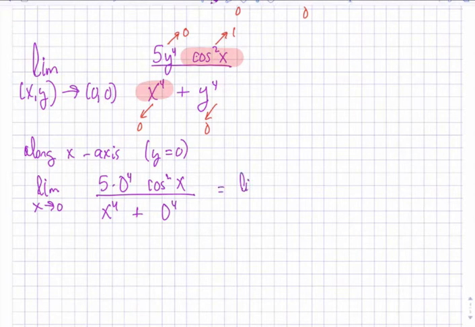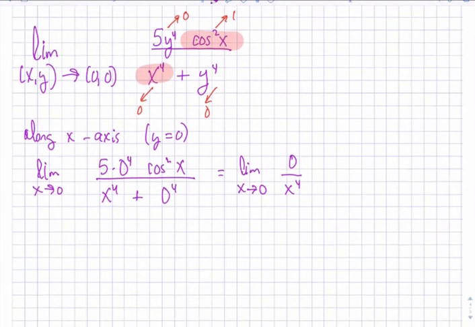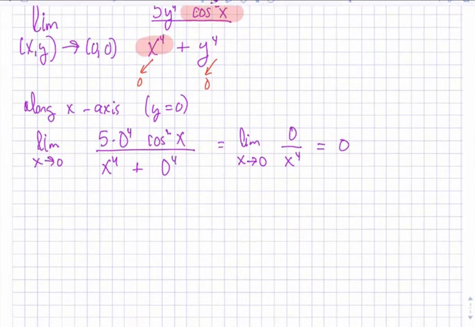So this is the limit as x approaches 0 of 0 on top, x to the fourth on the bottom. X is not equal to 0, so the bottom here is some positive number, so we have 0 over a small positive number, and that's just 0. So the limit along that particular path is 0.